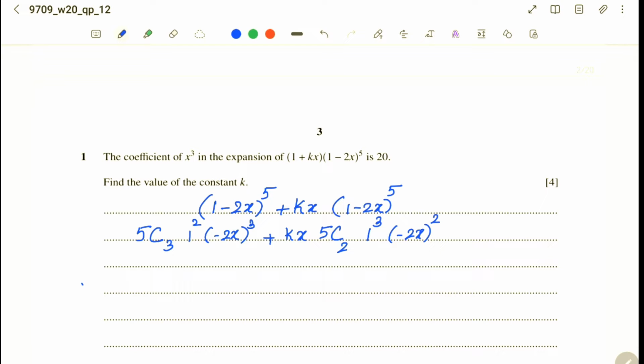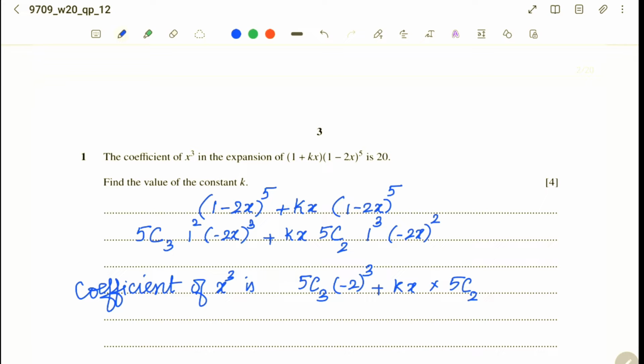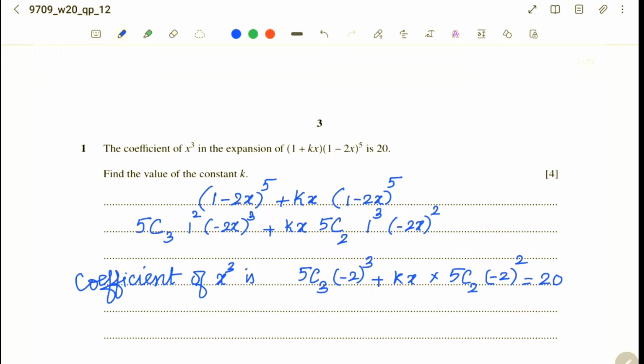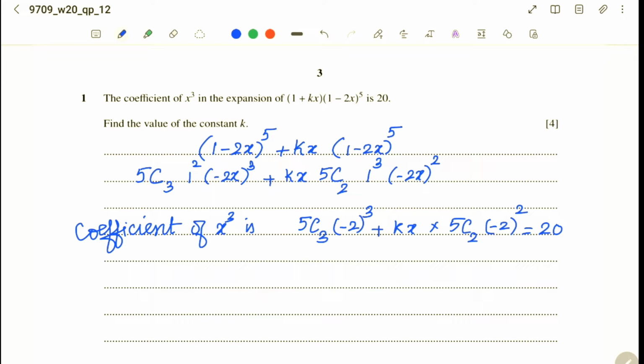Okay, so the coefficient of x cube is 5C3 · 1^2 · (−2)^3 plus k multiplied by 5C2 · 1^3 · (−2)^2, and it's given that the coefficient of x cube of this expansion is equal to 20. 5C3 multiplied by (−2)^3 is −80, plus k multiplied by 5C2 multiplied by (−2)^2, which is 40.